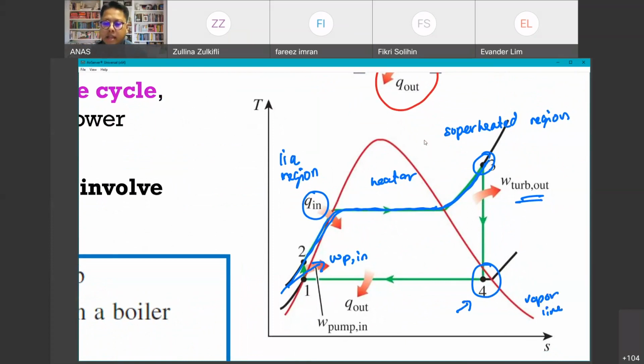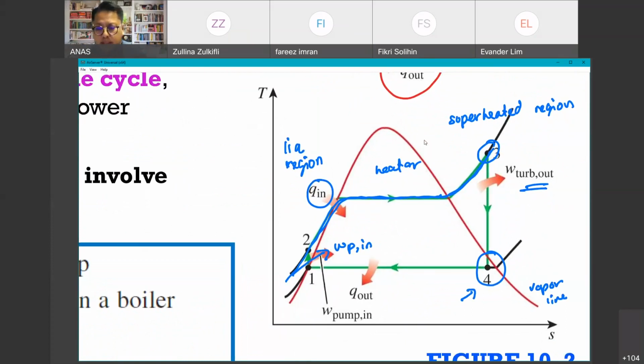And if you remember from the earlier tutorial, in terms of the quality, we know X quality is between 0 and 1, where 0 is 100% liquid and 1 is 100% vapor. So just to label on the diagram, let's use this color. This is 0, and this line is 1.